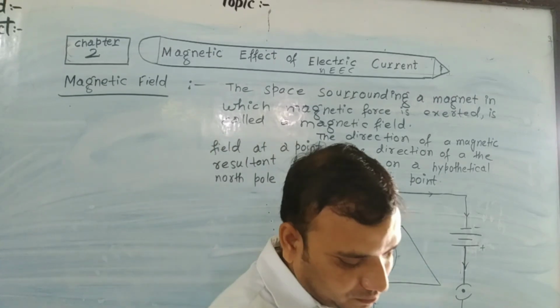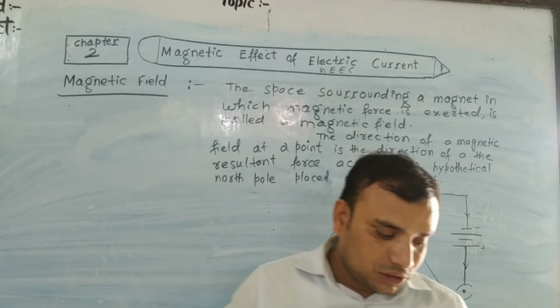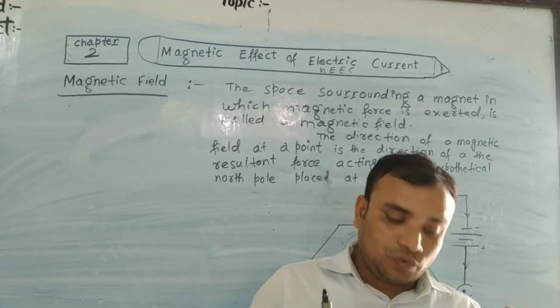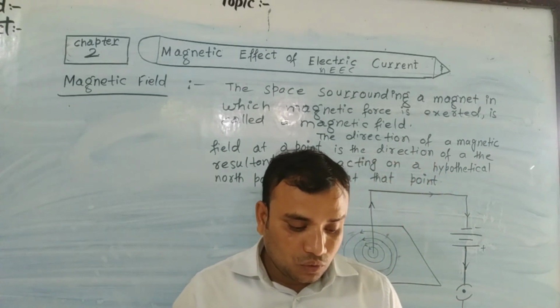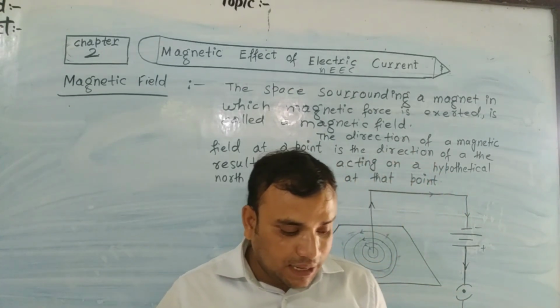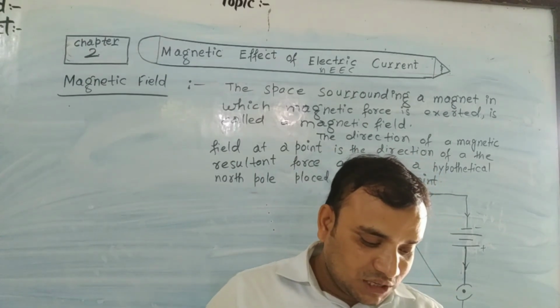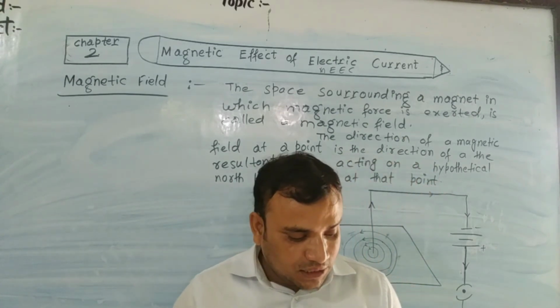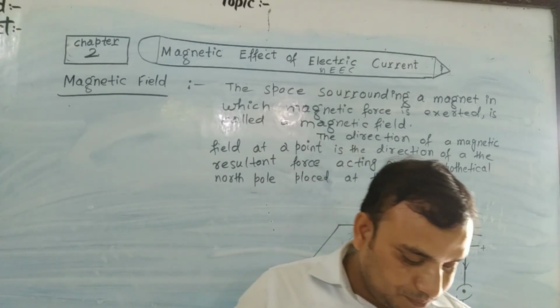Dear student, the magnetic field lines are lines drawn in a magnetic field along which a north magnetic pole would move. The magnetic field lines are also known as magnetic lines of force. The direction of magnetic field lines at any point gives the direction of force on a north pole.